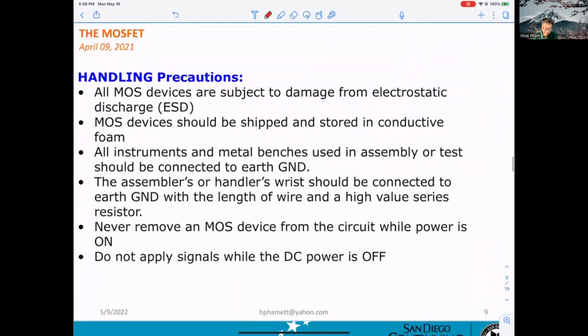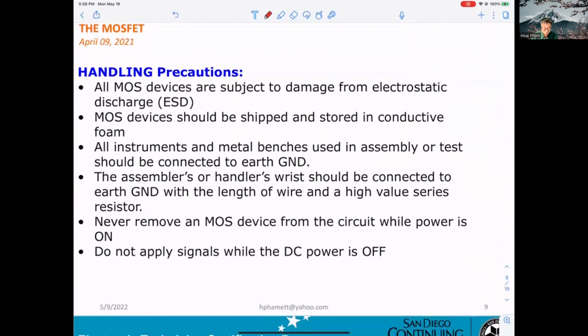Okay, let's see what else. Handling precautions. Most MOS devices are subject to damage from electrostatic discharge, ESD. That's why when you get hired by a company, first you will get training for ESD.